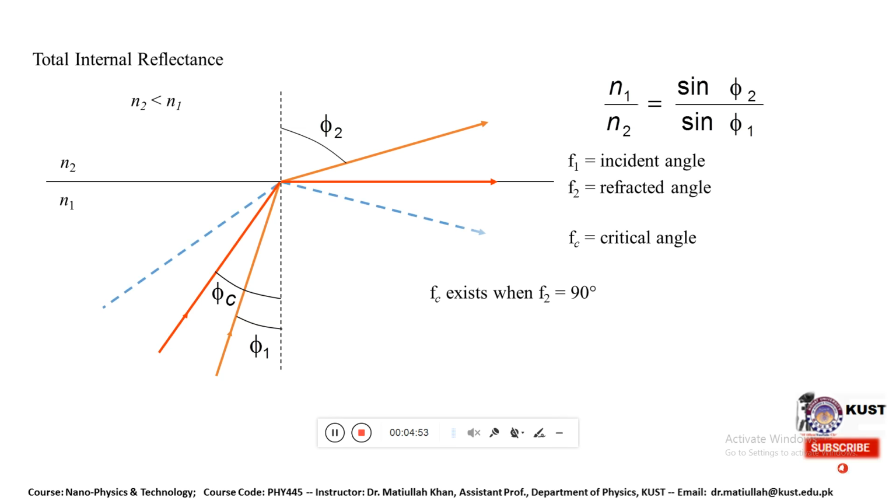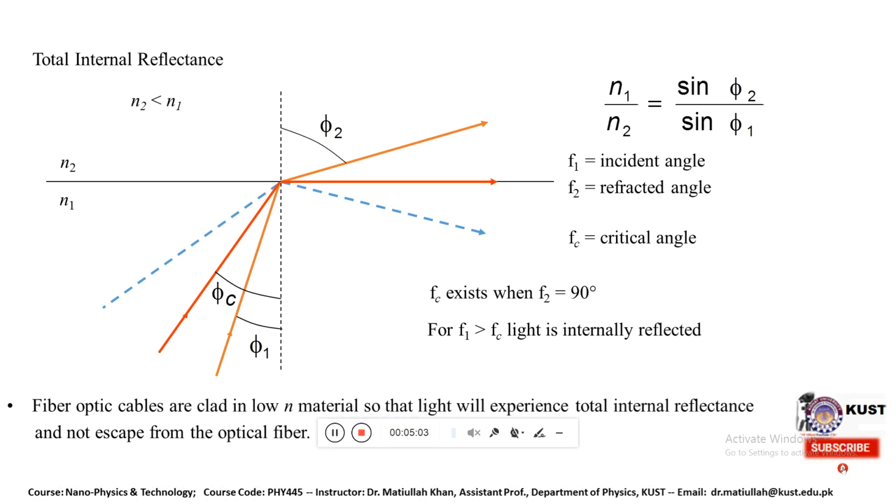For α1 greater than αc, the light is internally reflected, and this is called total internal reflection.